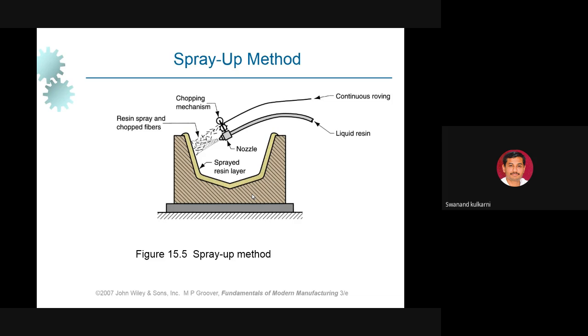But here the continuous roving of the fiber, chopped fibers, is happening, means this roller will move, and this continuous supply of fiber or chopped fibers will happen. At the same time, the matrix material in the form of sprays is spread over here, and the combination will give us the required shape here, which is called the spray up method.